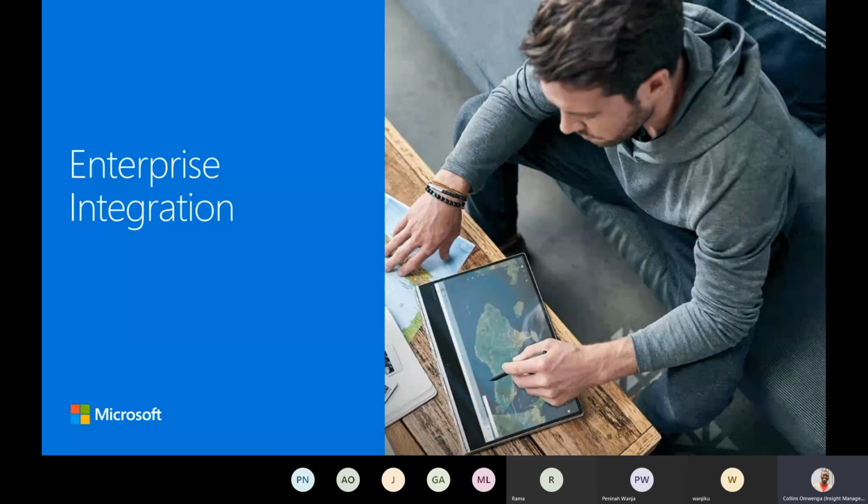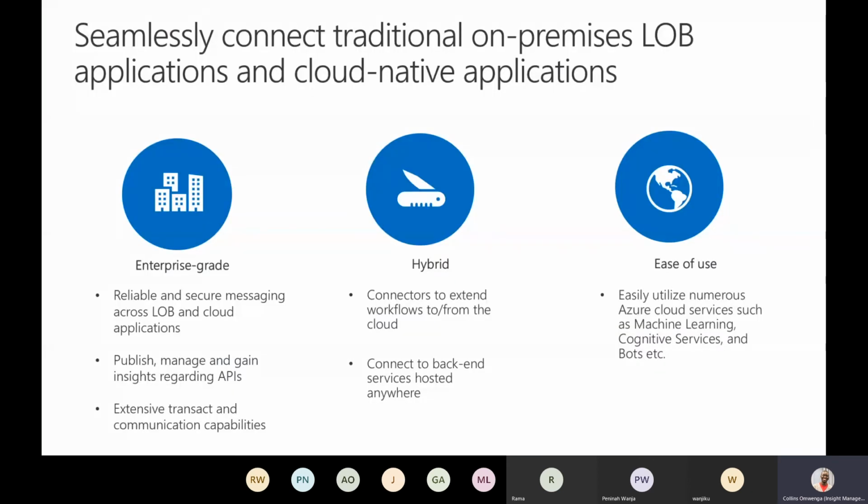I'll skip that and just jump into enterprise integration. Bringing this to the fore is important, because it helps us chart a path on how we're going to integrate to the open data platform. I'll dive a little bit deeper into this. But ideally, the whole scenario is, how do we connect traditional on-premises line of business applications and cloud-native applications?